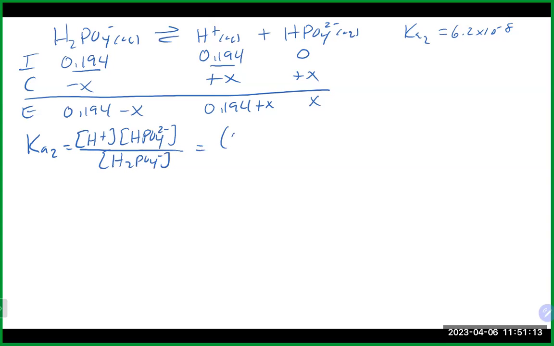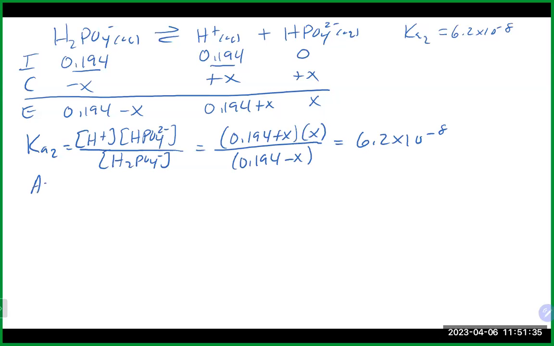That's going to give us, in this case, (0.194 + X) times X divided by (0.194 − X) equals our second equilibrium constant, 6.2 times 10 to the minus 8. The assumption worked on the first one, so why not do it here?